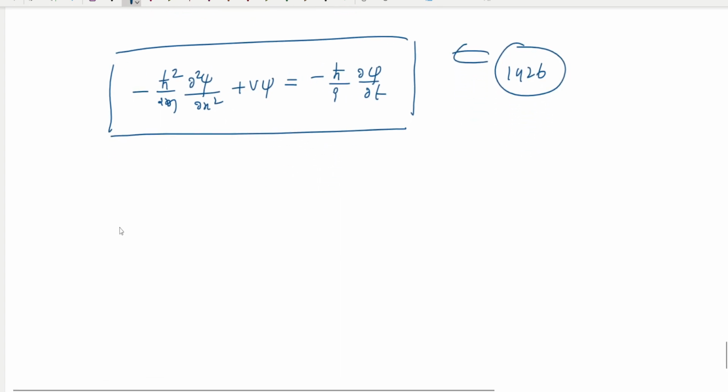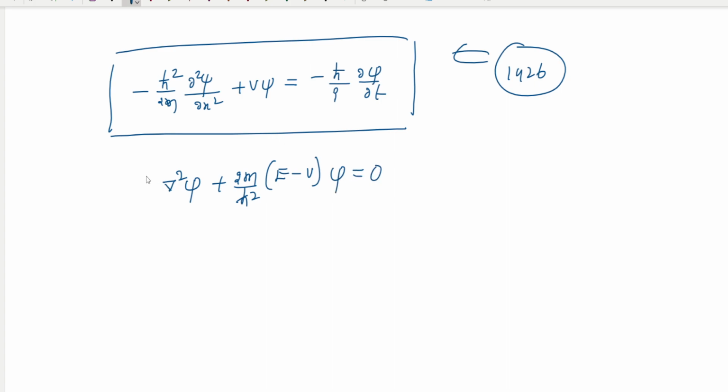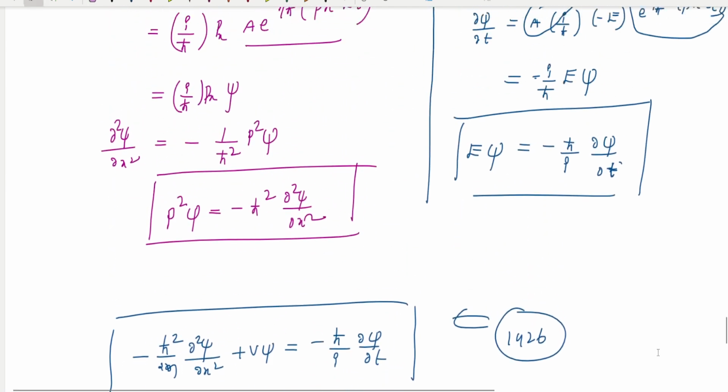Then we can write it using the Laplacian: ∇²ψ + 2m/ħ² (E − V)ψ equals 0. This is the Schrodinger time independent wave equation.